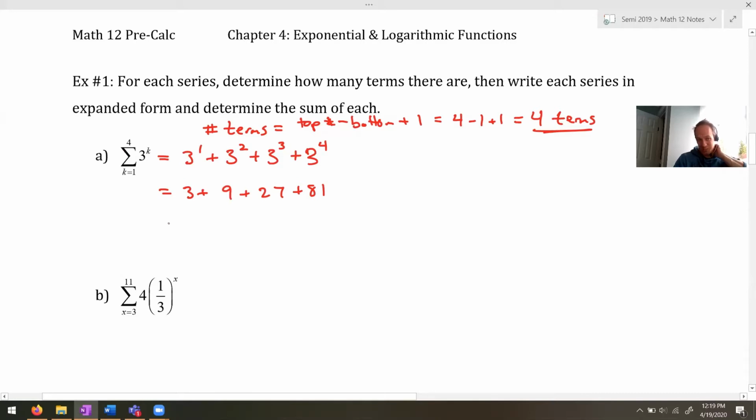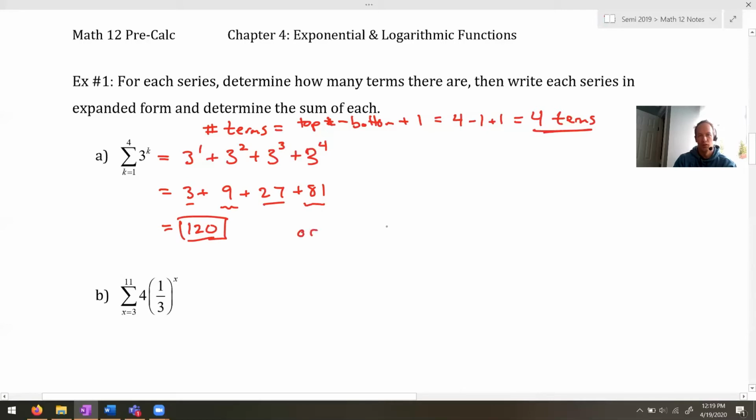But when it's simple like this, I wouldn't even bother using the formula, just calculate it all out. So let's see if I can do this in my head. 3 and 27 makes 30, 9 and 81 makes 90, 30 plus 90 is 120. Ta-da.